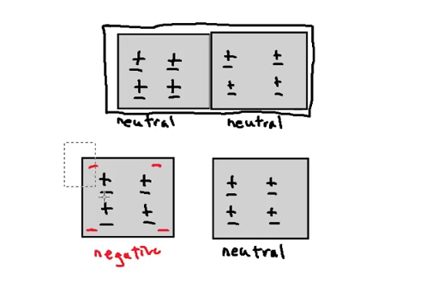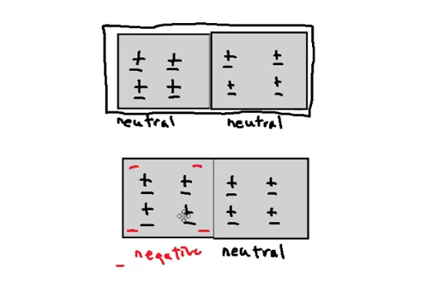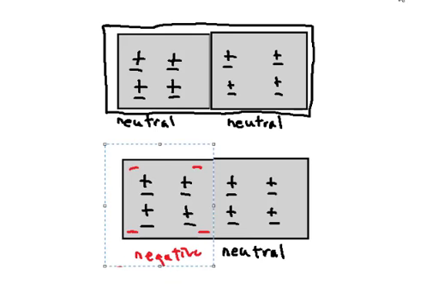Now let's have them touch. When they touch, they become one. So there's no longer any separation here. The negative charges now have all this new real estate to spread themselves out.